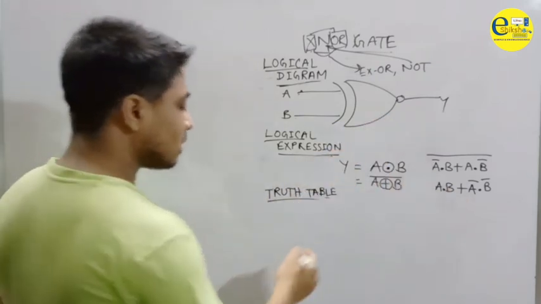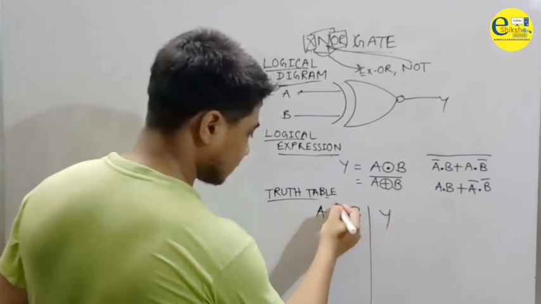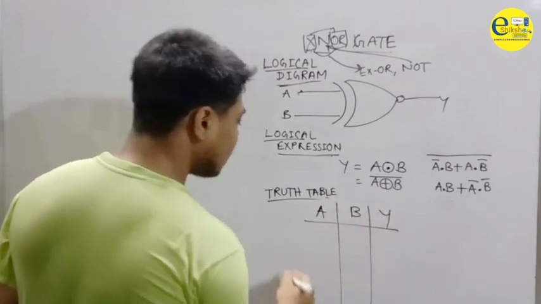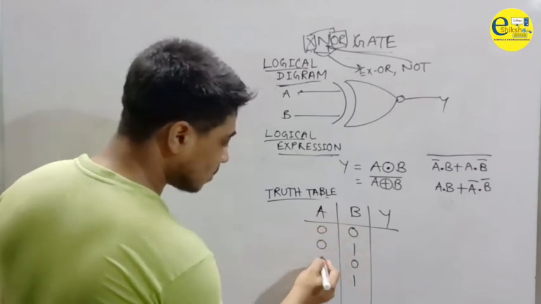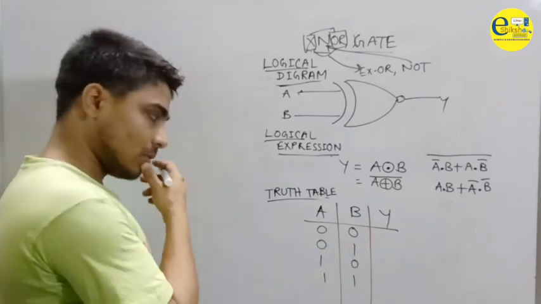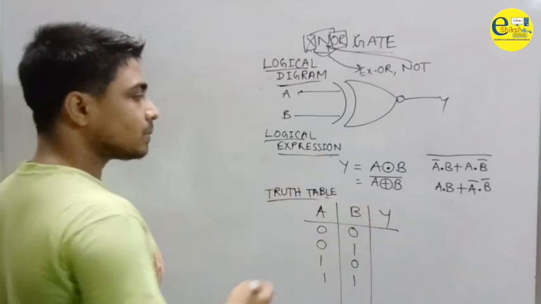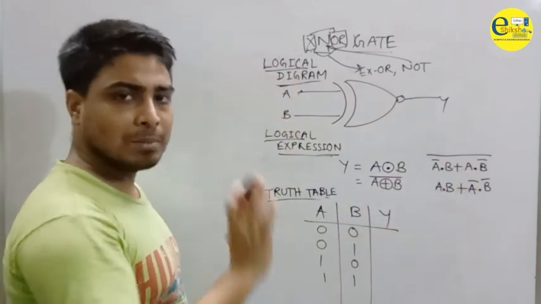So now let's move on to the truth table: A, B and Y. 0, 1, 0, 1, 0, 0, 1, 1. Now what will be the output over here? As it is the same as the XOR gate, the difference is that it is complemented.